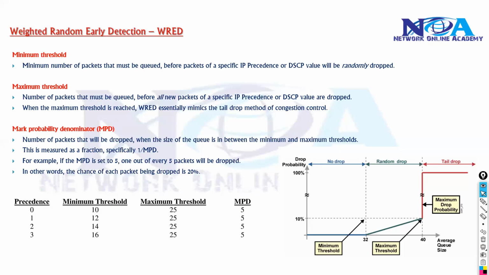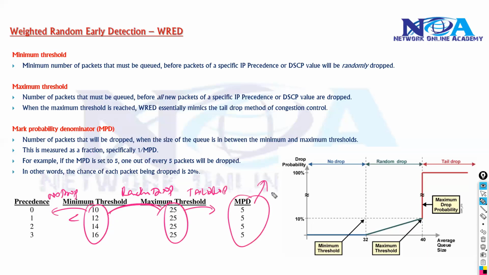This example gives a clear idea of how these values are given. Anything between the minimum and maximum threshold value, it will do random drop; anything less than the minimum, there will be no drop; and anything exceeding the maximum, it will do tail drop. The ratio of packets dropped depends upon the MPD value you configure.